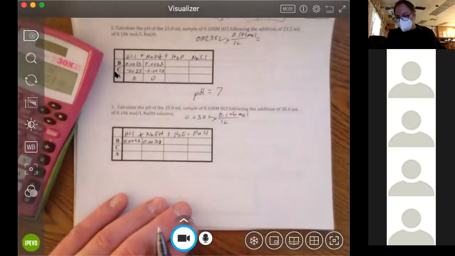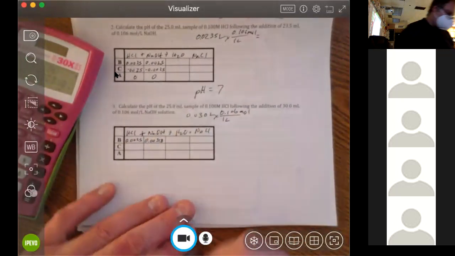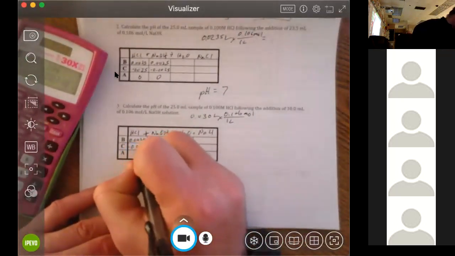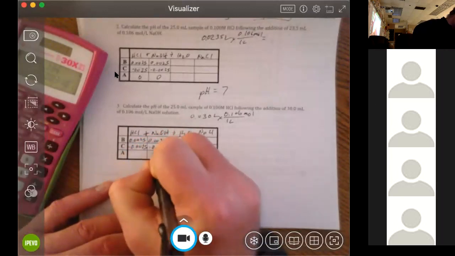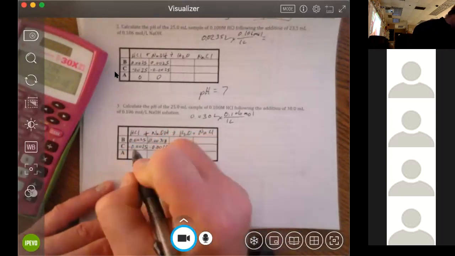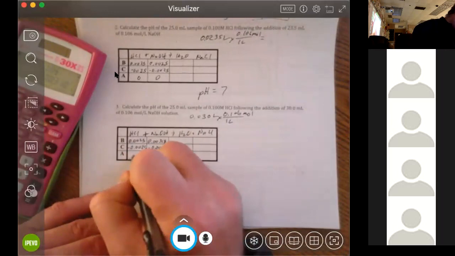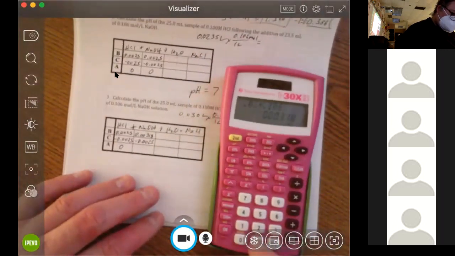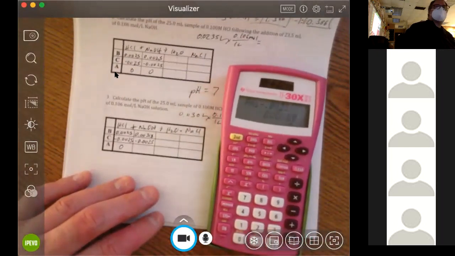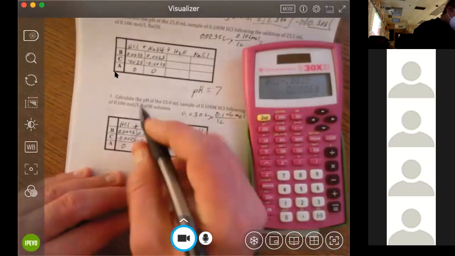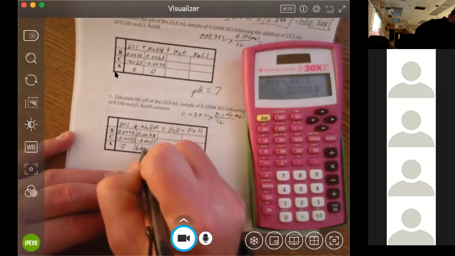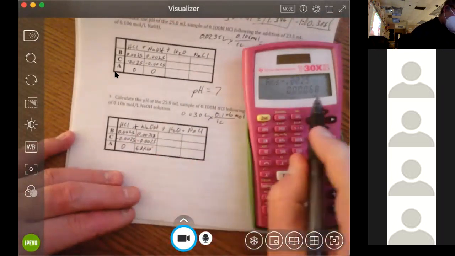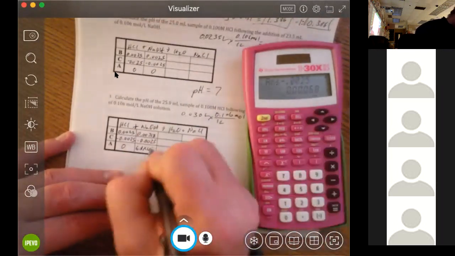So what is our limiting reagent here? HCl. So we're going to subtract 0.0025. And we get 0 of this. We get, big number there, 6.8 times 10 to the negative 4th.